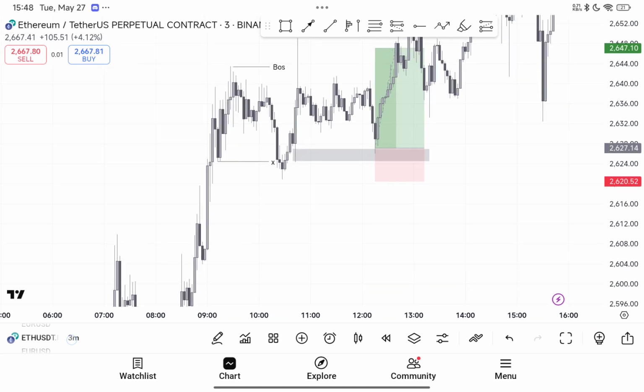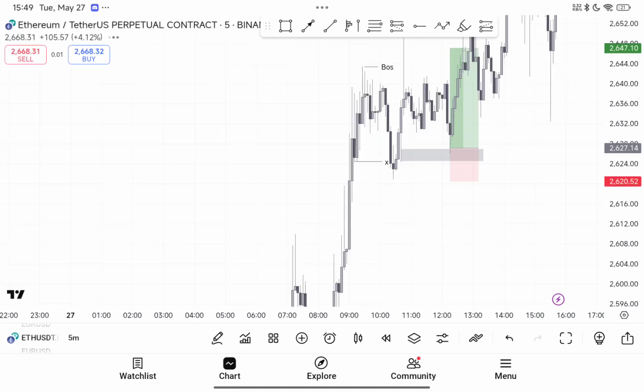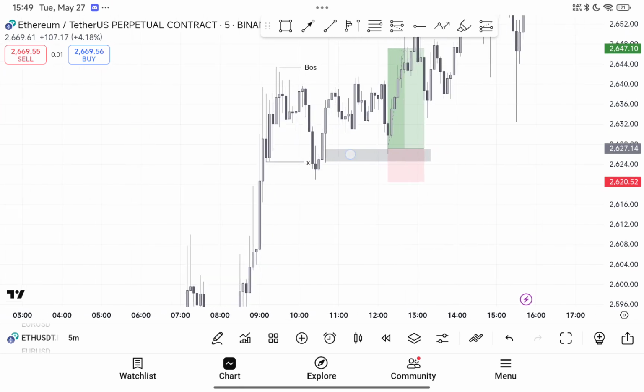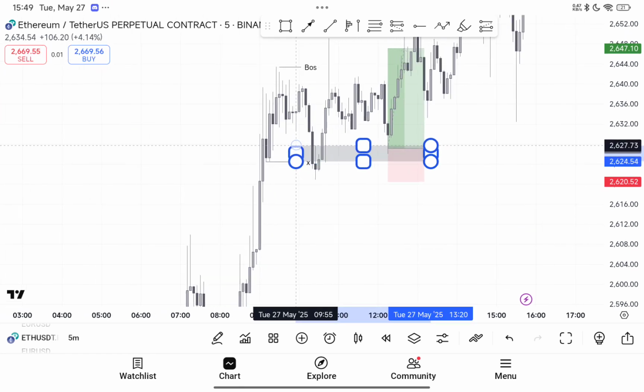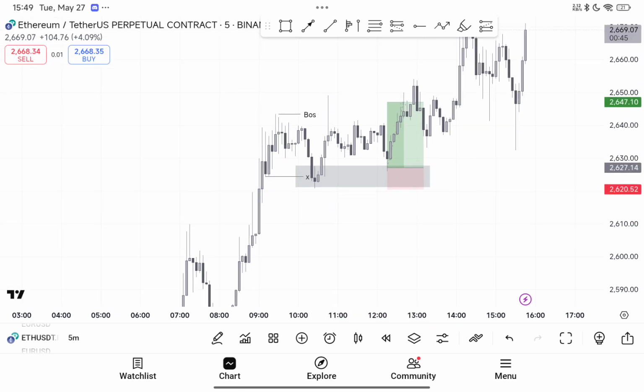Now this is the 3 minutes. Let's go to 5 minutes and see how reduced the candles are going to be. On the 5 minutes time frame, you can see that the candles have reduced properly. So I can now use this whole block as my order block for the entry, and I'll also target my 3R, as long as that's the only block I'm seeing there that caused my break of structure. So that's for the order block.